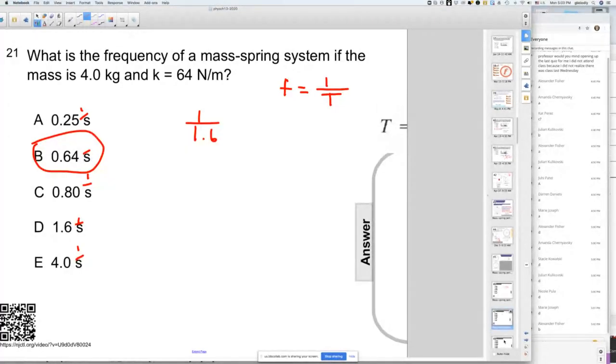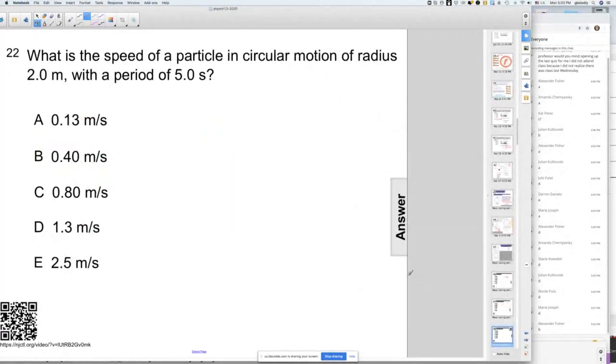All right, let's do another problem. What is the speed of a particle in circular motion of radius 2 meters with a period of 5 seconds? I'll give you a hint. Velocity is equal to distance over time. The period is 5.